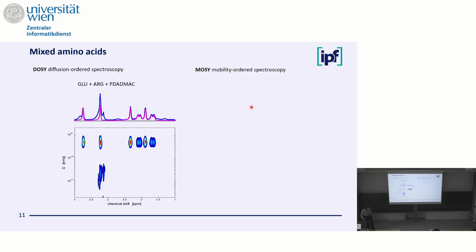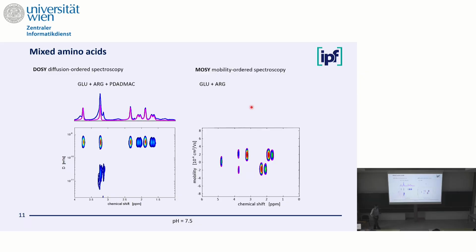I cannot differentiate them, but I can differentiate them in the electrophoretic NMR experiment. MOSY, mobility ordered spectroscopy. The thing is here I have the electrophoretic mobility correlated with the chemical shift.